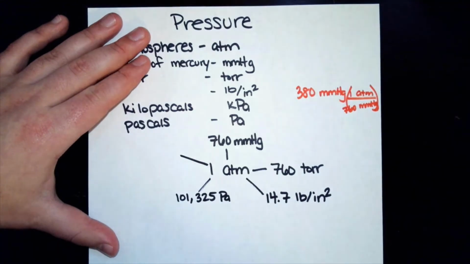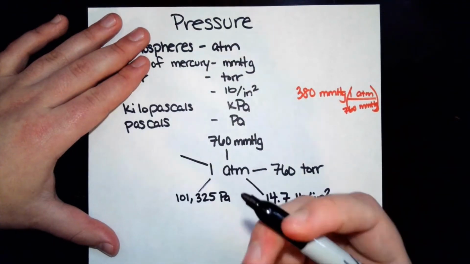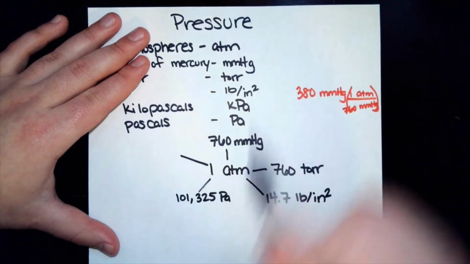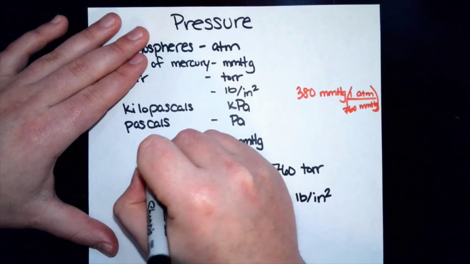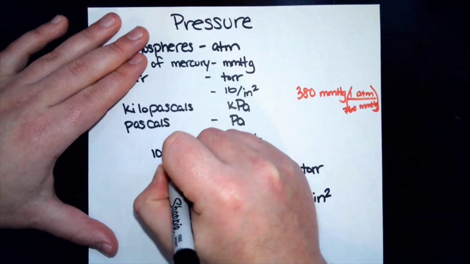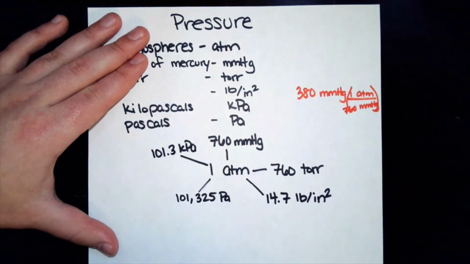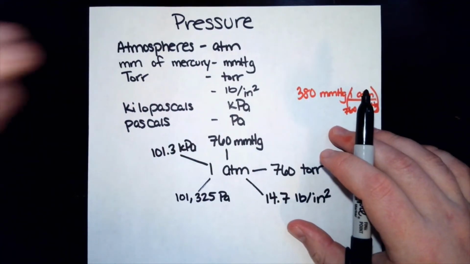That's why sometimes kilopascals is used. So to convert from pascals to kilopascals, well, remember, kilo means 1,000. So there's 1,000 pascals in 1 kilopascal. So you just have to divide this number by 1,000, and you'd be left with 101.3 kilopascals is equal to 1 atmosphere. So again, those are some good conversion factors between different pressure units.